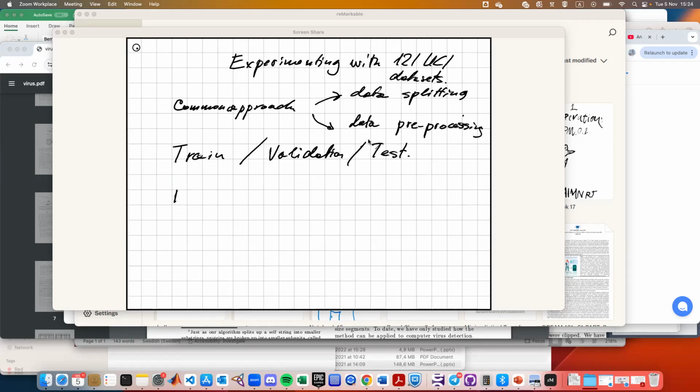You train your algorithm for different configurations of hyperparameters.